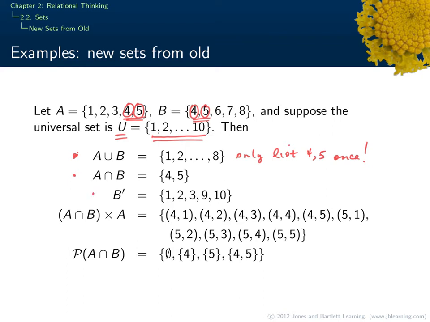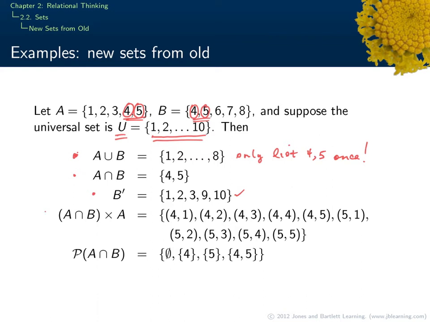And then we form the complement of B. Remember, that's all of the things in the universal set that are not in B. So I'm looking at all the numbers 1 through 10 that are not in B, and these indeed are all of those numbers that are not in B.